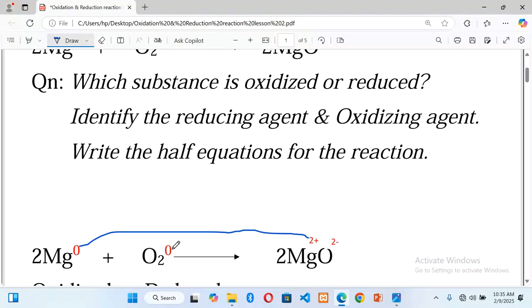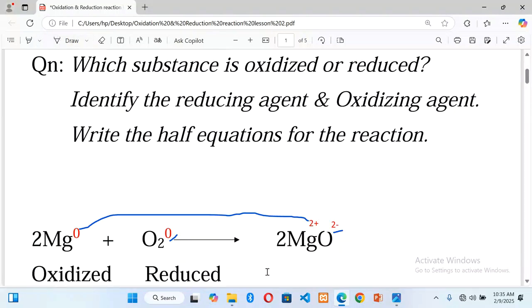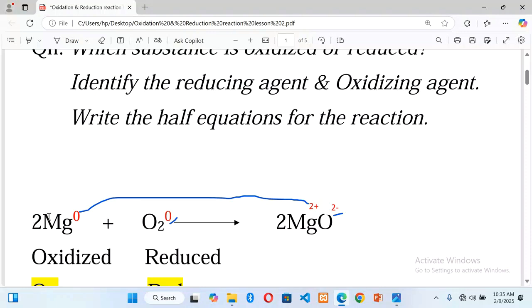While for oxygen, it is coming from 0 and reducing to negative 2. So what do we say? In that case, we can say that magnesium has been oxidized, from 0 to positive 2, while oxygen has been reduced from 0 to negative 2.